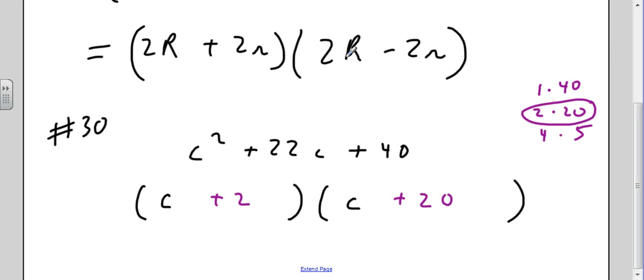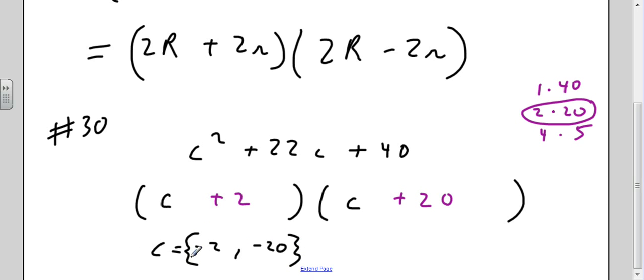So if I turn on my calculator and I go to second function polynomial solver 1, I can put in a 1 for my A, and a 22 for my B, and a 40 for the last guy. I tell it to solve. It'll tell me the answer is minus 2 and minus 20. So my calculator says c is minus 2 and minus 20.